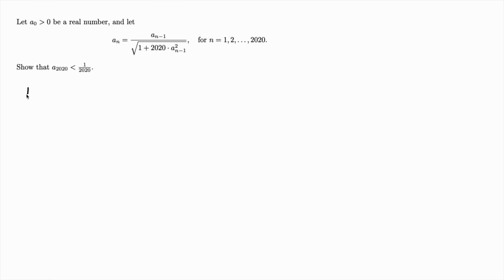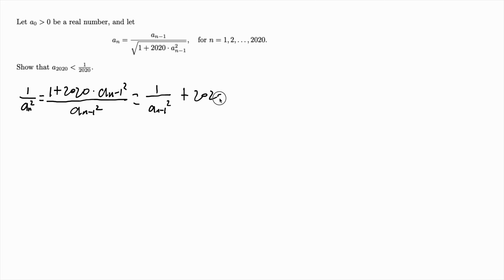So we have 1 over a sub n squared equals something times a sub n minus 1 squared all over a sub n minus 1 squared, and this is equal to 1 over a sub n minus 1 squared plus 2020.